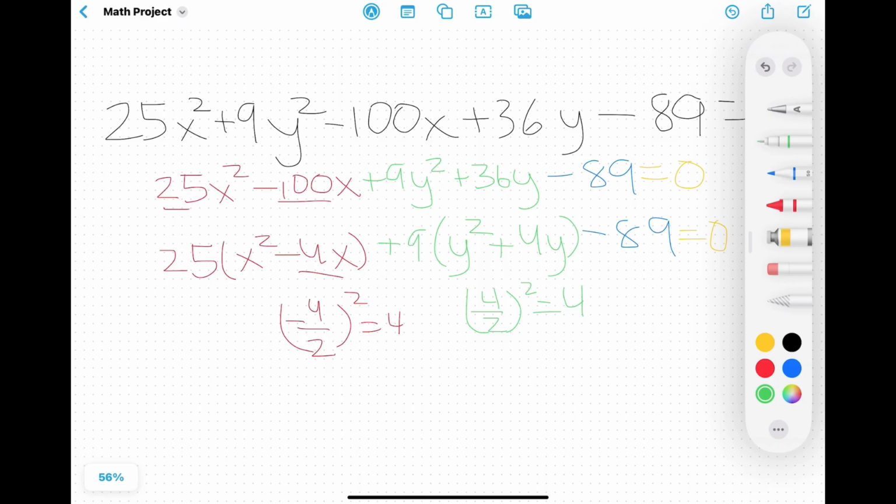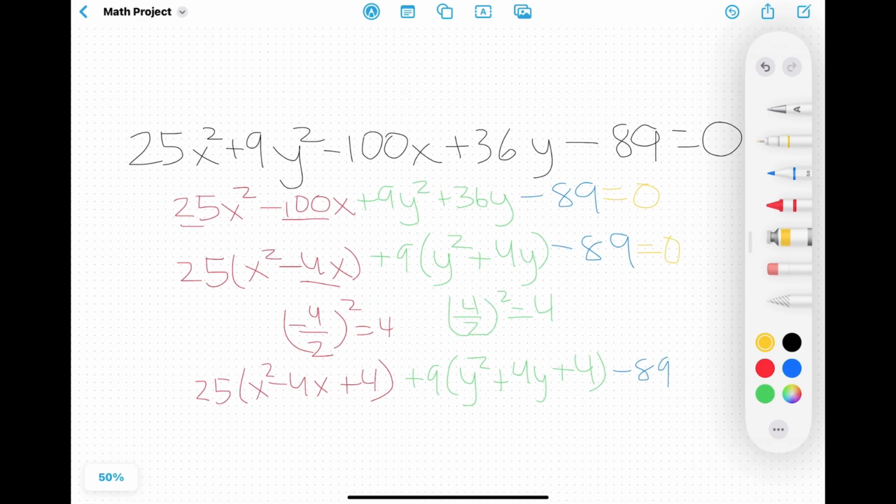Now we can rewrite the whole thing with our completed squares. 25 times x squared minus 4x plus 4, plus 9 times y squared plus 4y plus 4, minus 89 equals 0.